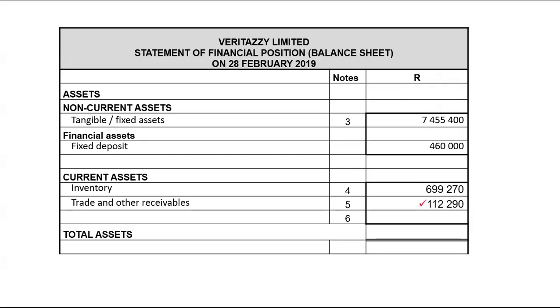It'll give us our non-current assets. When you add your non-current assets with your current assets, it'll give you total assets. That'll be 8,726,960.